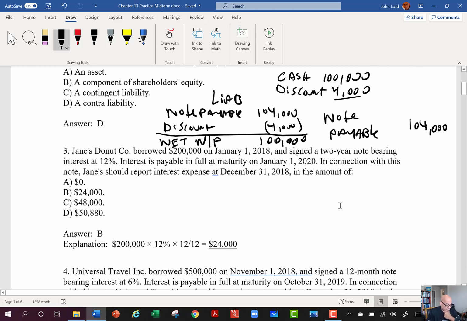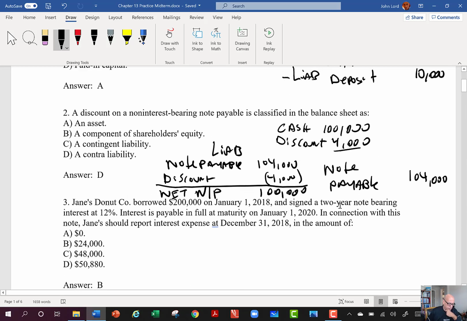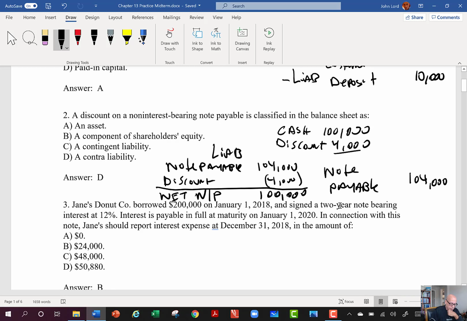Okay, so let's see how this would work. Jane's Donut borrowed $200,000 on January 1st, 2018. Oh, did I tell you the answer? I think I'm jumping too quick here. That discount is called a contra liability. It's against the liability.